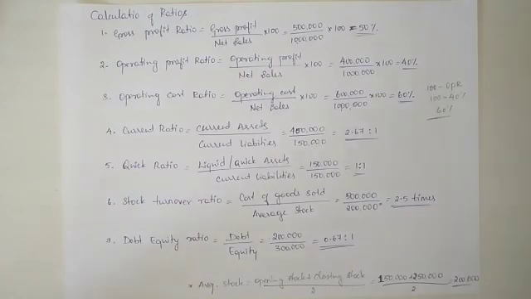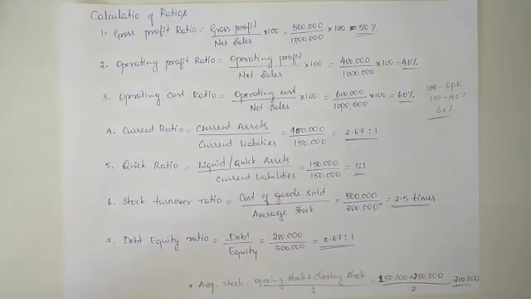And then stock turnover ratio. Cost of goods sold, which is calculated in the rearrangement of the income statement, is 5 lakh rupees. Then average stock is opening stock plus closing stock divided by 2, that is 1,50,000 plus 2,50,000 divided by 2, you will get 2 lakh rupees.